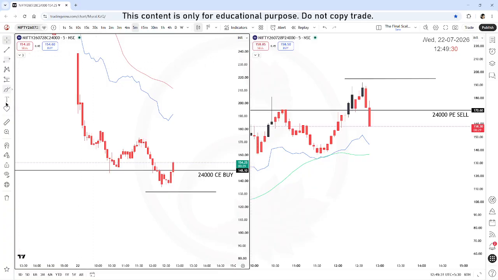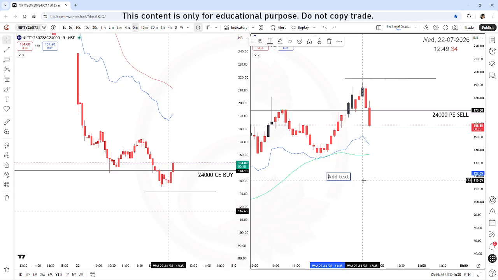Let's say we have a capital of 10 lakh rupees. Okay. So this is our capital.